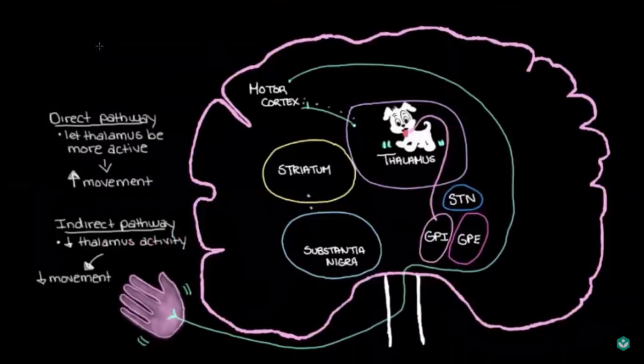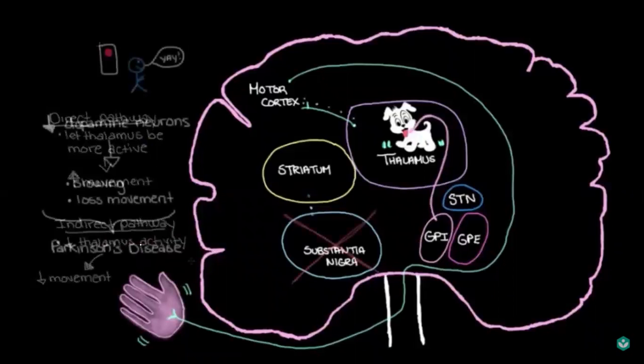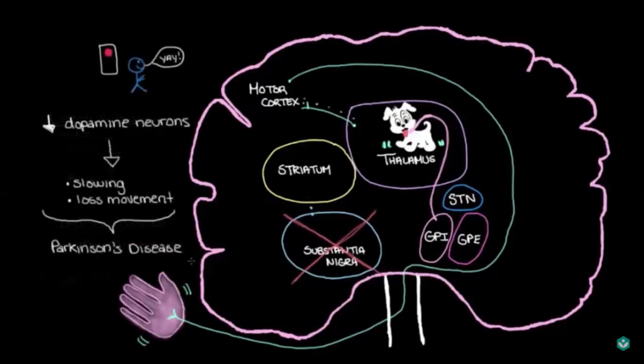So what happens normally is, in direct pathway, the thalamus is more active and there is more movement. In indirect pathway, the thalamus is less active and there is decreased movement. But when the dopaminergic neurons are reduced, the substantia nigra and the nigrostriatal pathway is affected. Because of this, finally, there is slowing or loss of movement.